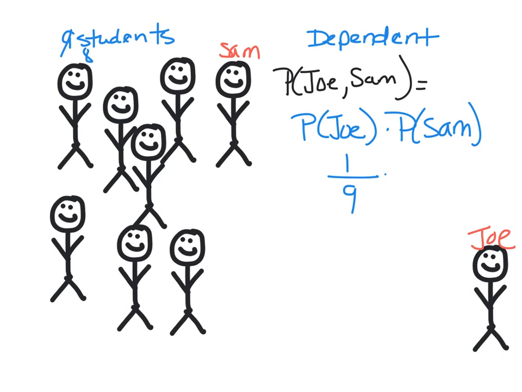And the probability of me now picking Sam is 1 out of the remaining 8. So the probability of me picking both Joe and Sam is going to be 1/9 times 1/8, which is 1/72.